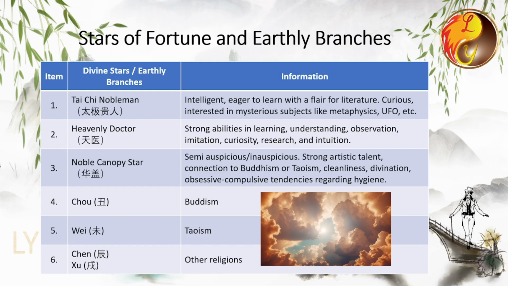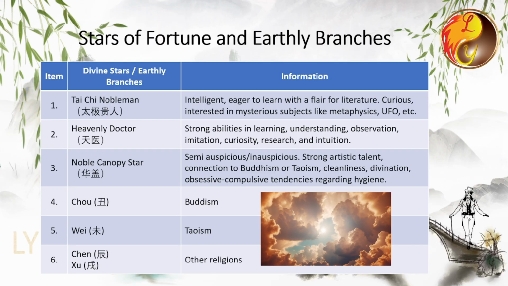Second, if the earthly branches in the chart include Chen, Xu, Chou, or Wei, Chou corresponds to Buddhism. Wei corresponds to Taoism. Chen and Xu represent other religions.